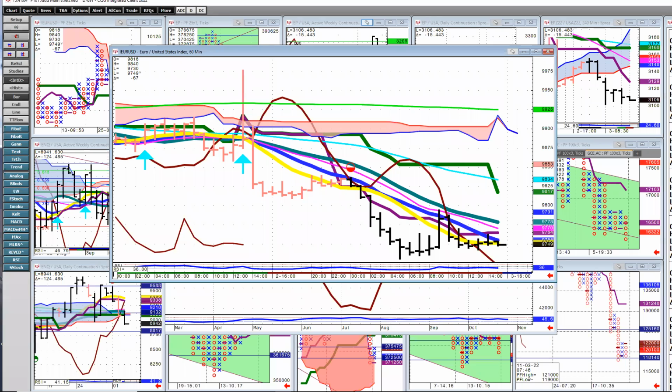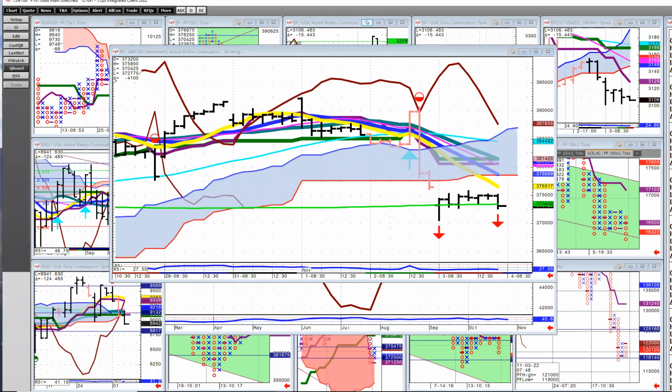So here, I'll put up the same chart. You have an ORL on the hourly and the indices at the same time period. And then it just goes. So those are just little things you can look at.